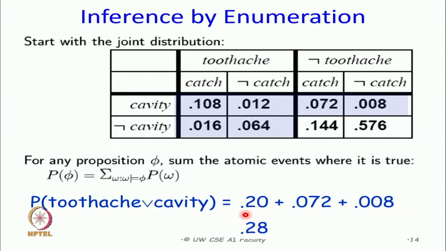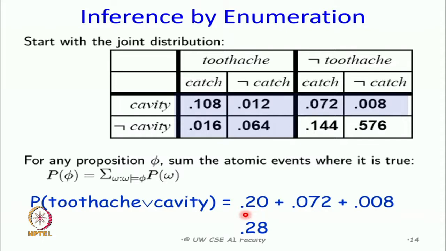And last but not the least, suppose I ask you the question, what is the probability that Mr. Bean does not have cavity given that he has toothache? So, I tell you that he has toothache, I am asking that if he has toothache, what is the probability he does not have cavity? What are you going to do? Is it also going to be a sum? It is going to be a division, and in the numerator I am going to add 2 numbers.